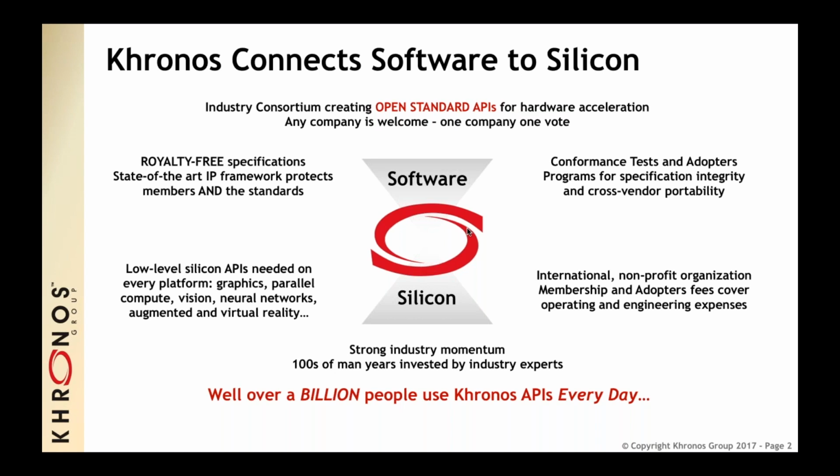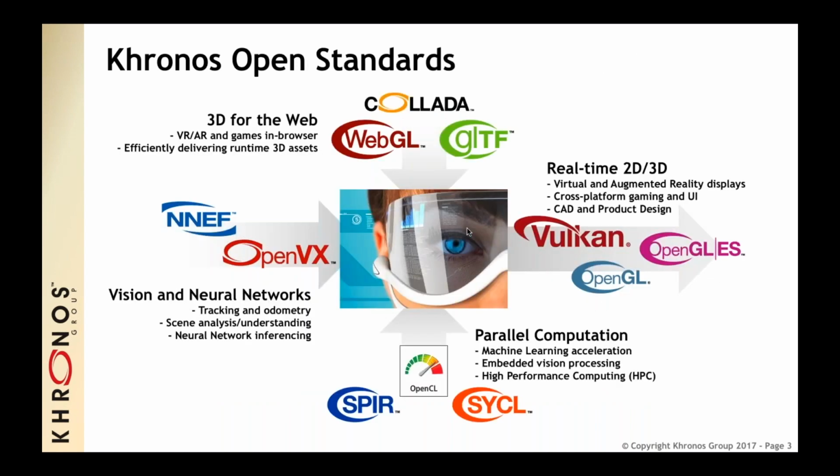Thanks, Radha. So I just have a couple of slides of overview about Khronos and what Khronos is all about. On the slide you see here in the center, the main goal of Khronos is to be the interface between software and silicon. We have many silicon vendors who are creating special purpose hardware to very efficiently do things like graphics and computer vision.